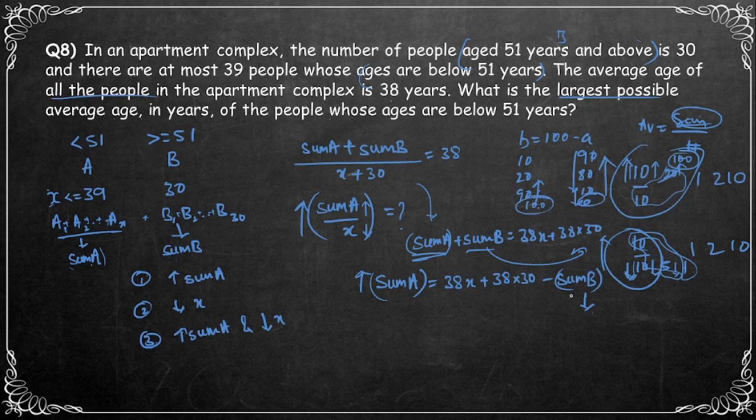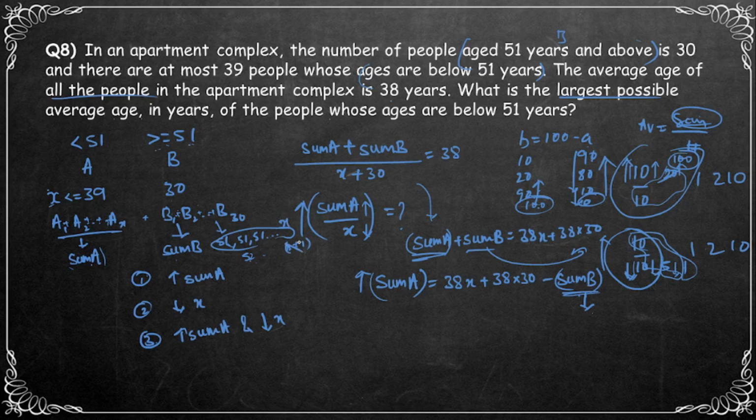Okay, so we have to choose B1 plus B2 up to B30 such that this sum B is the lowest. Now if we see here, these people's ages are greater than or equal to 51. So the minimum possible value is 51, right? So if all of their ages are 51, that is the lowest possible. Now if we take one member's age as 52, that won't be the lowest, because this is x and this is x plus 1.